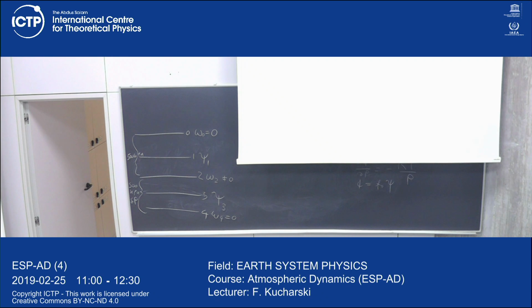The only variables that appear here are psi 1, psi 3, and omega 2. So in principle, we should be able to solve this. Of course, these are still partial differential equations, so we have to do something more.